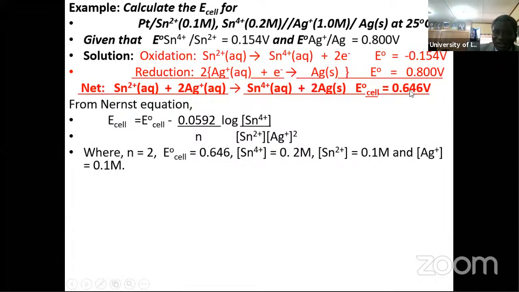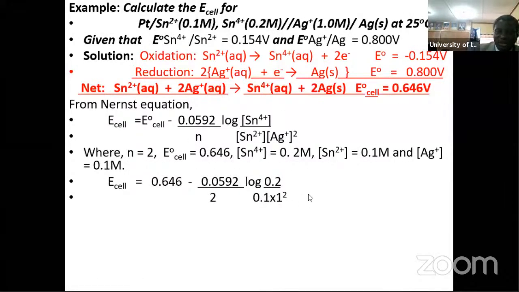Your E naught cell is already calculated here, and your Sn4+ is already given in the equation, and your Sn2+ and your Ag+ are already given in the equation. So all you just have to do now is to substitute into that equation which you have here, and then you get your final answer. So your silver is 1.